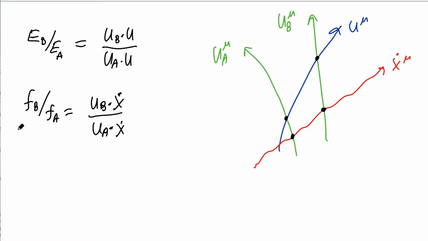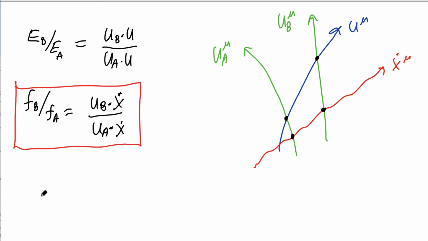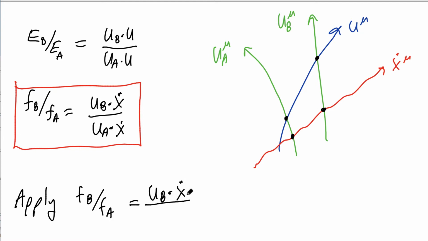It's time for an example. Let's apply this result to the Schwarzschild spacetime. So we will apply the result, which says that the frequency of a photon measured by some observer is proportional to the inner product between the observer's four-velocity and the tangent vector to the photon geodesic. So we have this result, and we'll apply that to Schwarzschild.